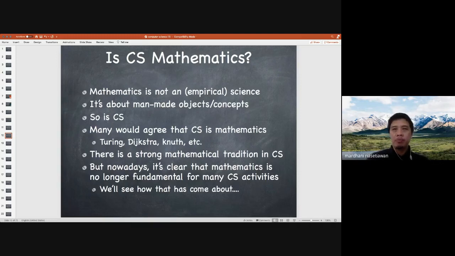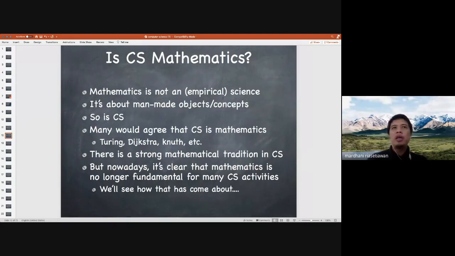Why do we call it not an empirical science? Because it's actually very complex, and we need to do some differentiation, some logical way to solve problems in the mathematical way.